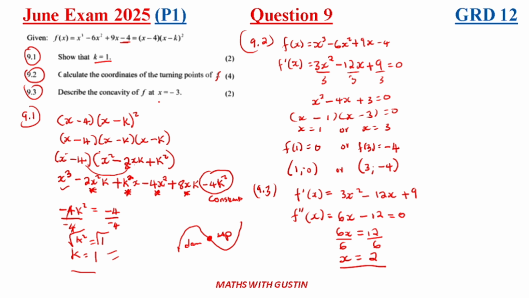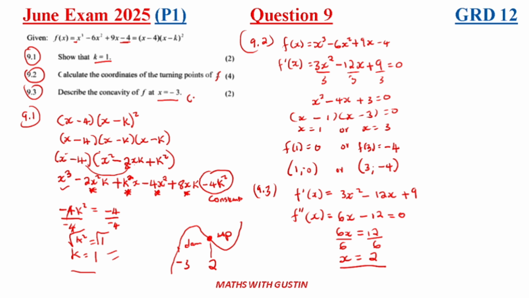So the value in question is x is equal to minus 3. So let's say this is x is equal to 2. X minus 3 is somewhere here, which means our function is going down because our a value here is positive. So therefore it would mean that it is going down. So we can come here and say, describe the concavity at x.